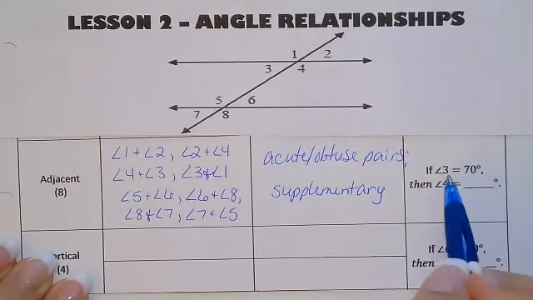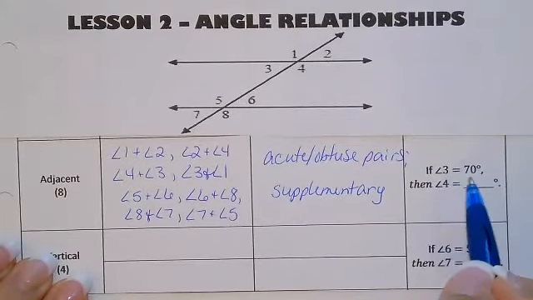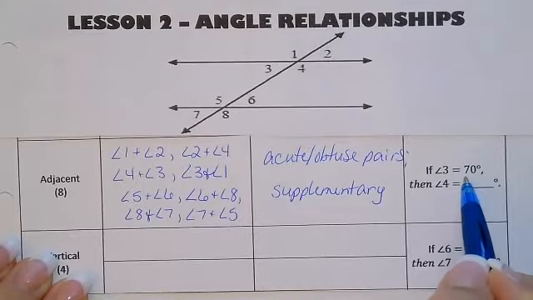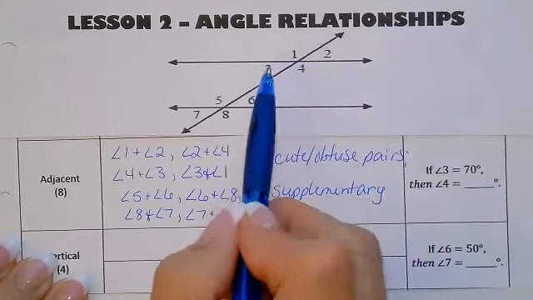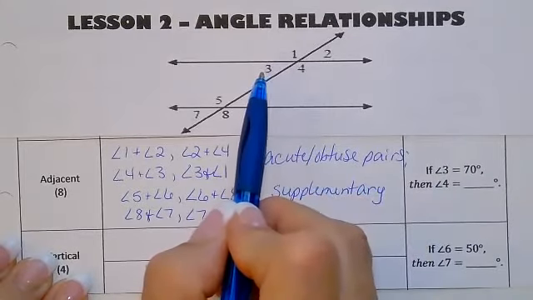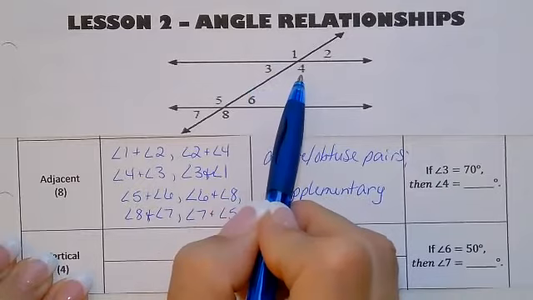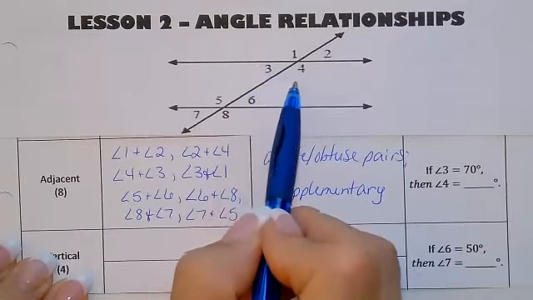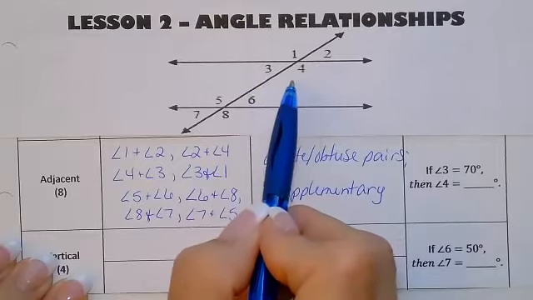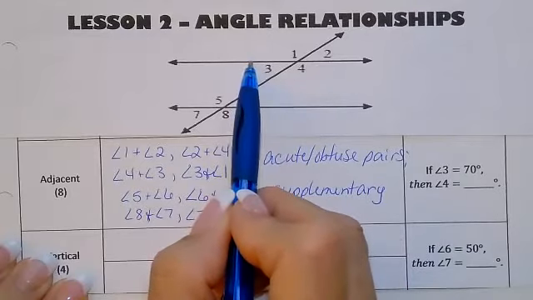Okay, so if angle 3 is 70 degrees, then angle 4 equals what? So angle 3, 70 degrees, what would angle 4 equal? Well, I know that these two put together equal 180 degrees.